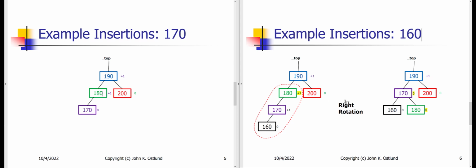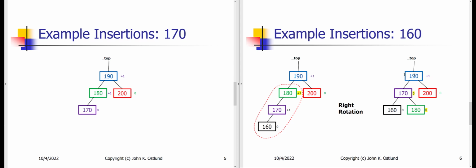Once again, we have to do a right rotation on this node, the 180. That's going to pull the 180 down below the 170, bring the 170 up below the 190 where the 180 used to be, and the 160 remains the left child of 170. 180's balance factor gets reduced by 2, and 170's balance factor gets reduced by 1.